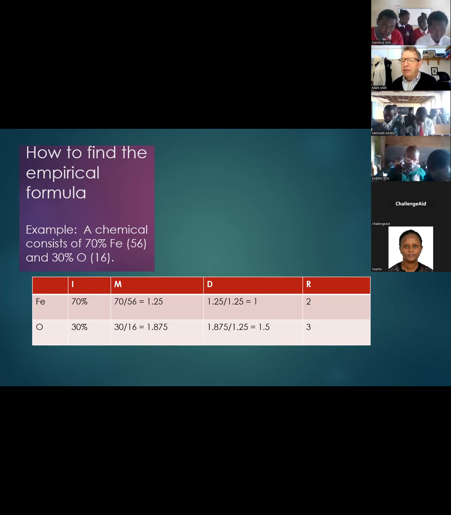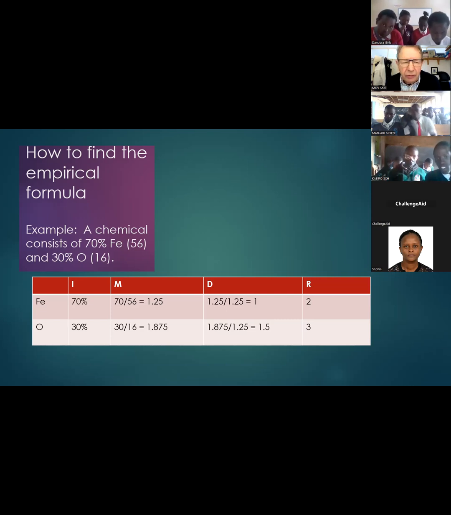Then D for divide: I divide all of the numbers by the smallest one to find the ratio. So 1.25 is smaller. 1.25 over 1.25 is 1. 1.875 over 1.25 is 1.5. But I can't have 1.5 atoms of oxygen, so I need to double both of them so the ratio stays the same.